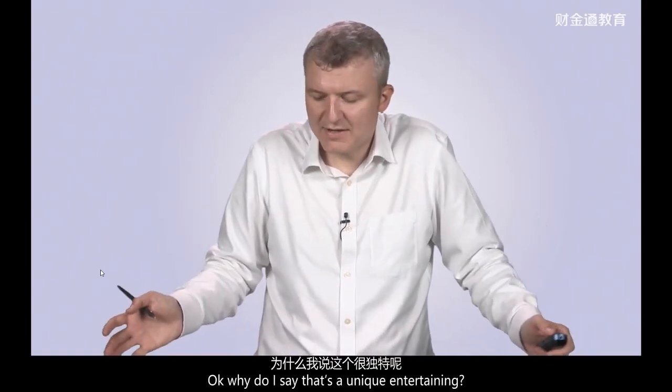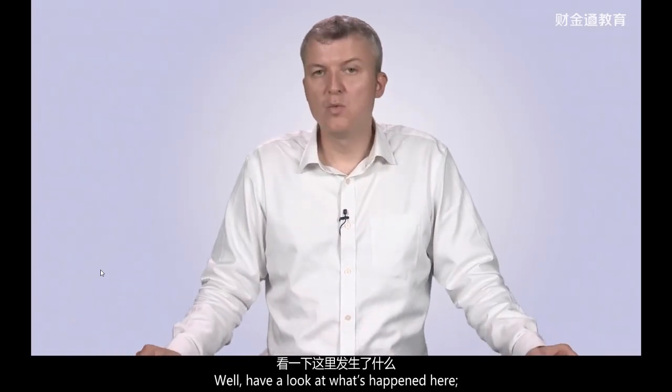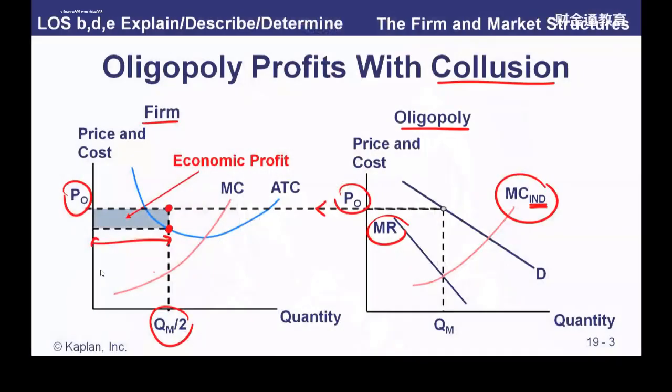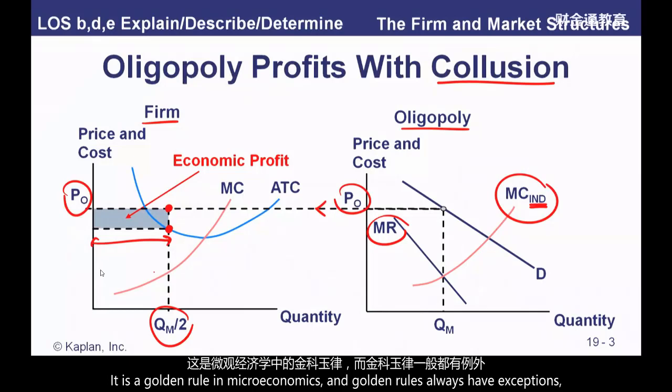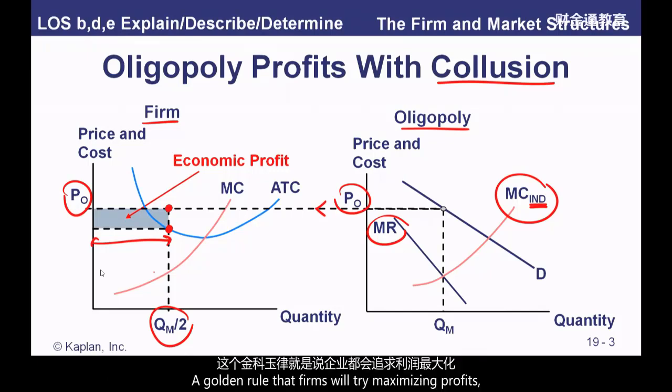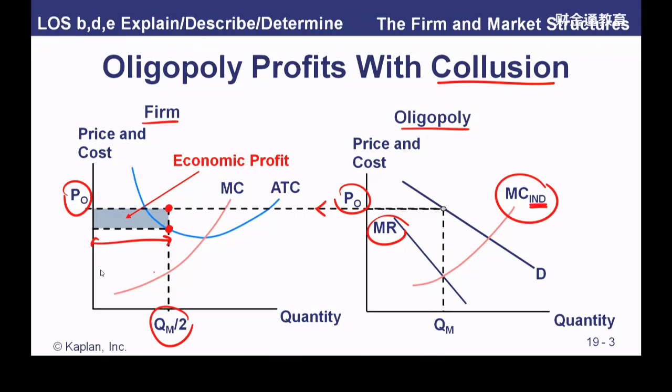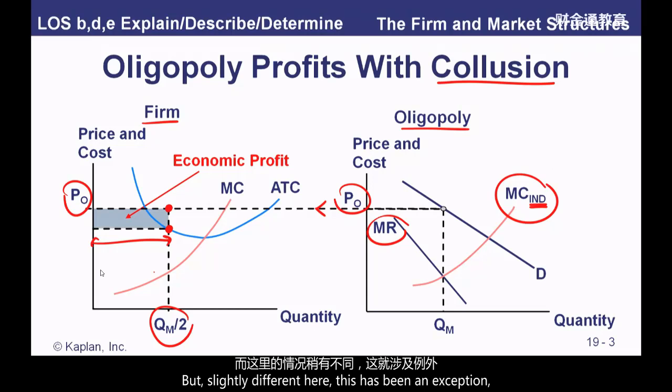Okay, why did I say that's unique and entertaining? Well, have a look at what's happened here. It is a golden rule in microeconomics, and golden rules always have exceptions. A golden rule that firms will try and maximize profits and hence will set marginal cost equal to marginal revenue. Well, it's slightly different here. This is the exception.